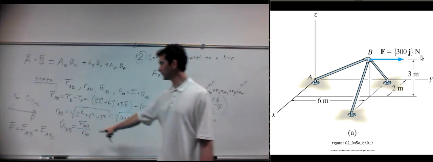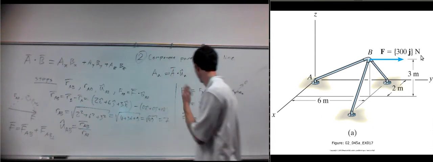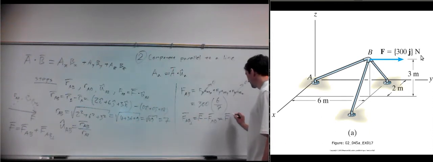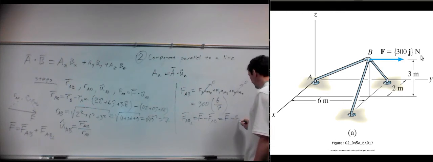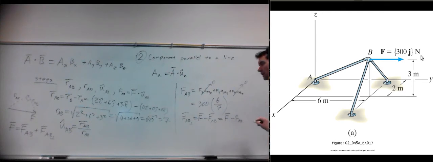So we have here the direction from A to B. So this is equal to F minus magnitude FAB times the direction from A to B. And one more time, that's just substituting for the direction vector, we have the position vector divided by its magnitude, or the distance from A to B.